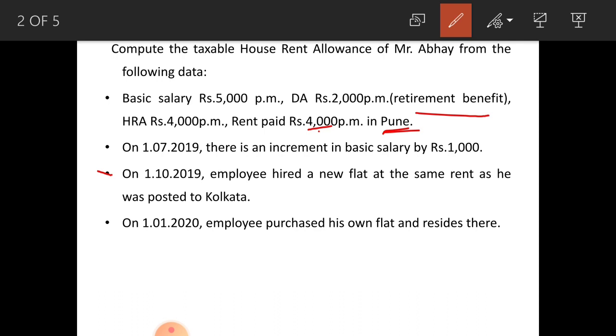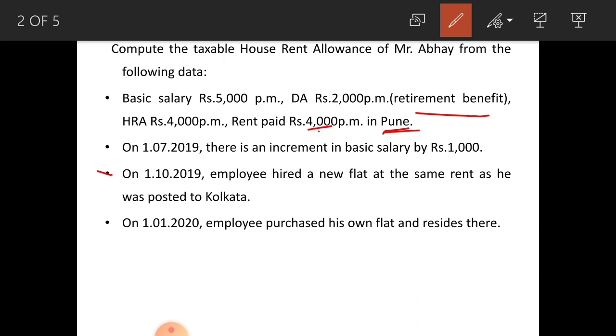Next, see the second information. On 1st July 2019, there is an increment in basic salary by 1,000. So, you have to calculate taxable HRA in three situations. That is, when the basic salary is 5,000, then when the basic salary increased to 6,000, then when employee shifted to Kolkata.